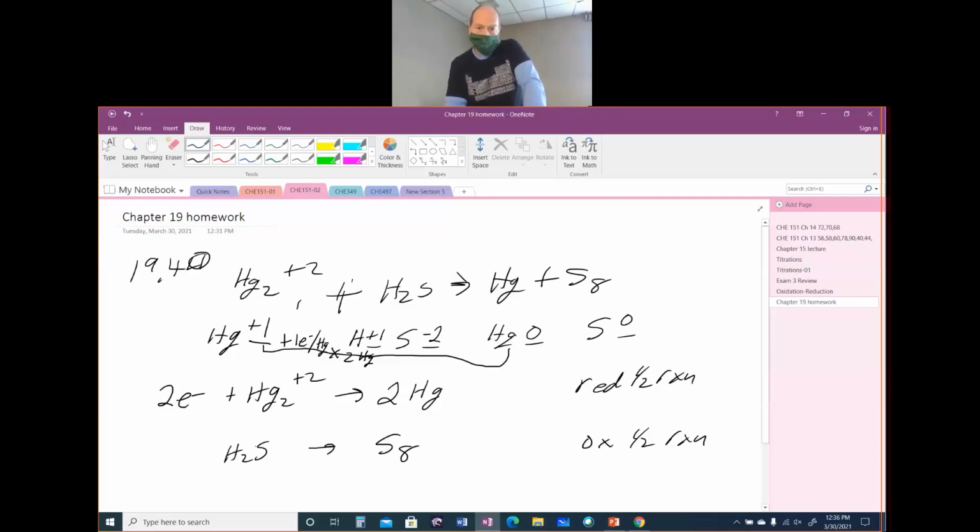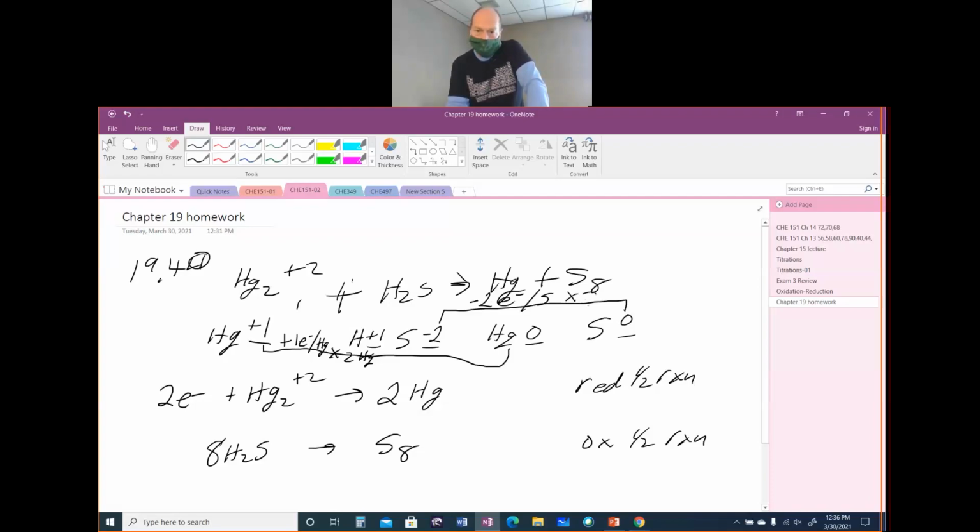Same thing here. We've got S at minus 2, but we have 8 S's at 0. So you must put the coefficient of 8 in front of the H2S. And so here we see that we have a minus 2s going to a 0s. That means we had to lose 2 electrons per S, but we see that we have 8 S's.